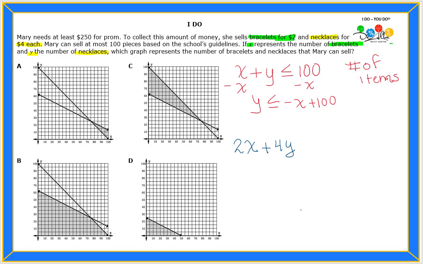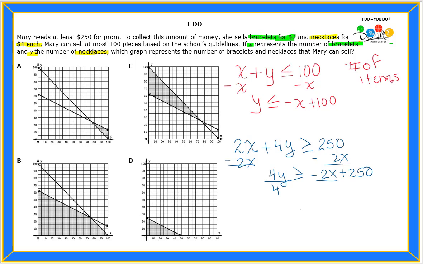That means that she can be okay with 250, but it would be better if she gets more than that. So that amount can be greater than or equal to 250. And of course, we're going to solve for Y. That gives me 4Y greater than or equal to negative 2X plus 250.